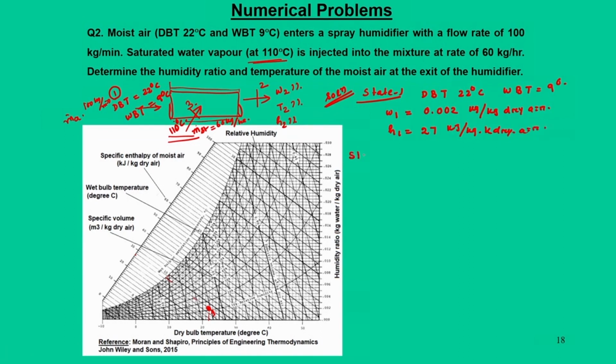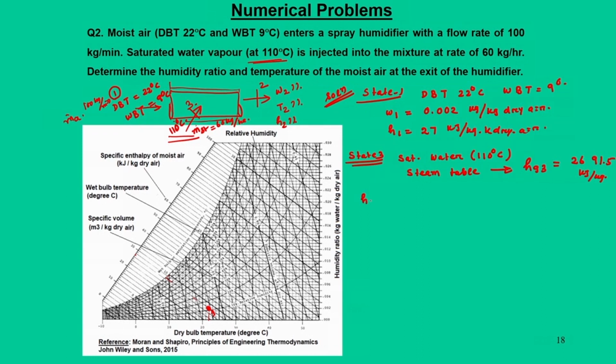Then we have state 3, because the state 2 condition you do not know. State 3 is saturated water vapor at 110 degree centigrade. So, the steam table will tell you its Hg value, gas phase, that is 2691.5 kilojoule per kg.